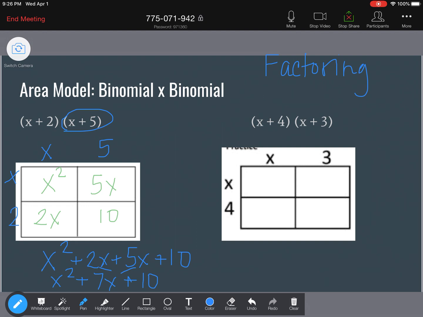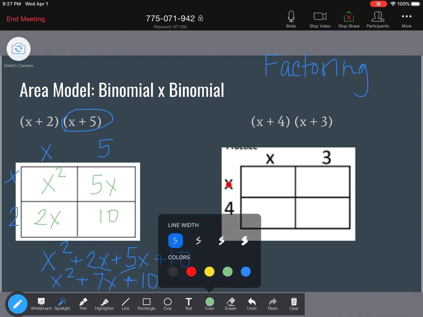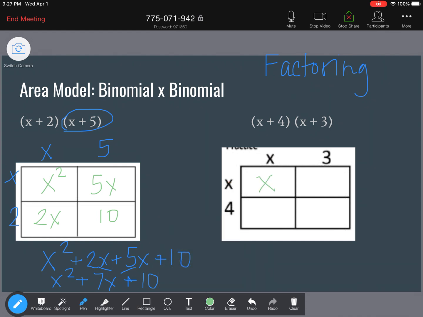We have x plus 4 and x plus 3. They've already been written in place, and since the plus 4 is positive, we just write 4. And the plus 3 is positive, we just write 3. So we're going to go through. Our x and our x gives us x squared, and so we just fill in x squared.